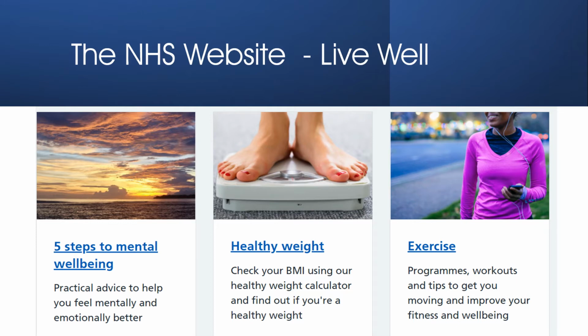There's the 5 steps to mental well-being, which is practical advice to help you feel mentally and emotionally better. There's a healthy weight section, which looks at your BMI and links to the app where you can check your weight to see if you are indeed a healthy weight or not. And then there's also an exercise section, which is full of programs, workouts, tips, and videos how to exercise well.